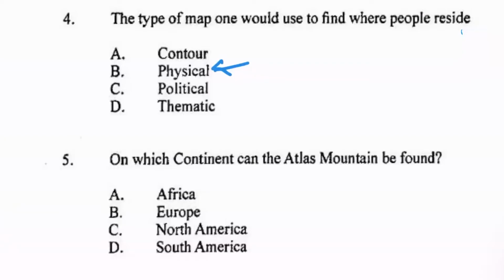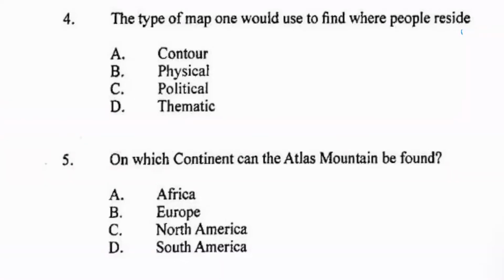You wouldn't use a contour map, because the contour map gives you an idea of the elevation of the land. The political map, which is C, tells you the names of places.